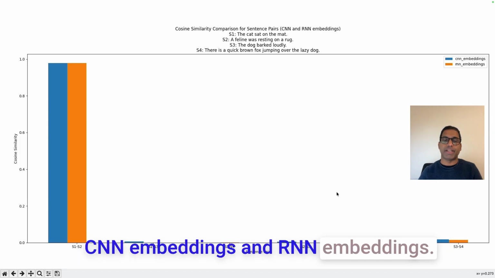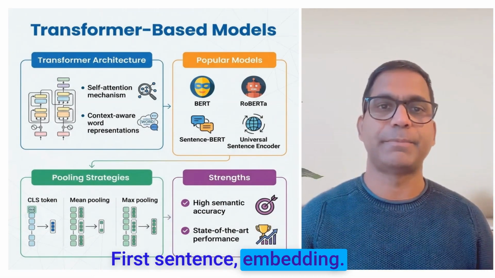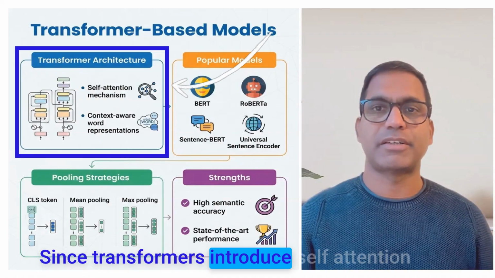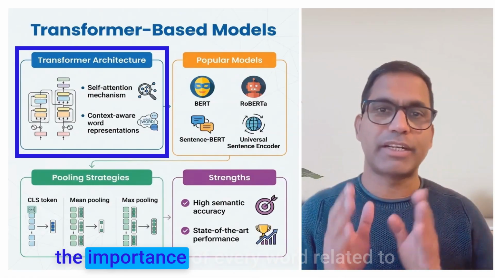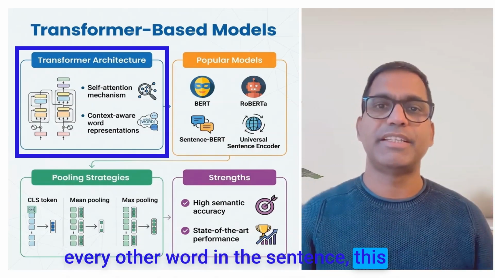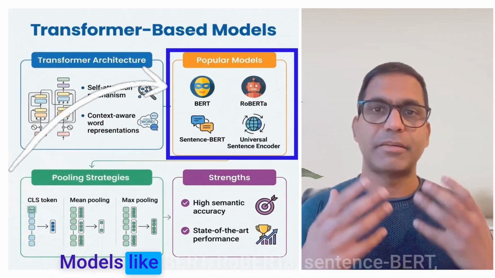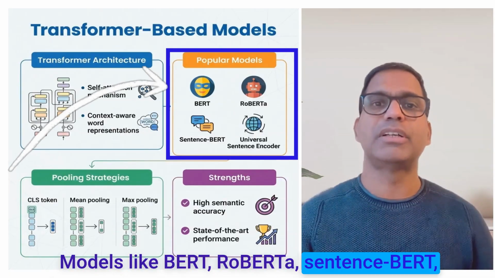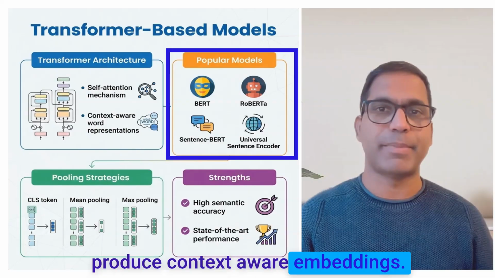Overall, approaches have developed using transformers for sentence embedding, since transformers introduce self-attention mechanisms, allowing models to attend to the importance of every word relative to every other word in the sentence. This enables a strong contextual understanding. Models like BERT, RoBERTa, Sentence BERT, and Universal Sentence Encoder produce context-aware embeddings.